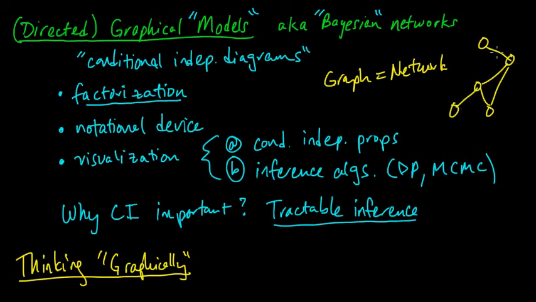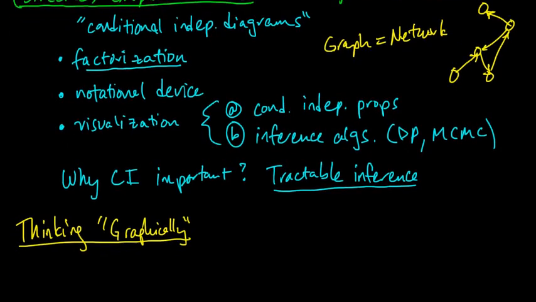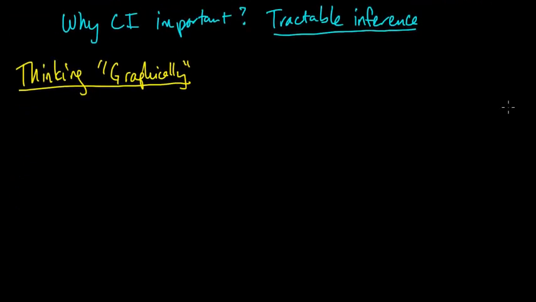And in math, we usually refer to these as vertices and edges. So the vertices are the nodes and the edges are the links. And a directed graphical model is one of these where the edges are directed. Each of the edges is an arrow, you might say. So that's what I mean by thinking graphically.